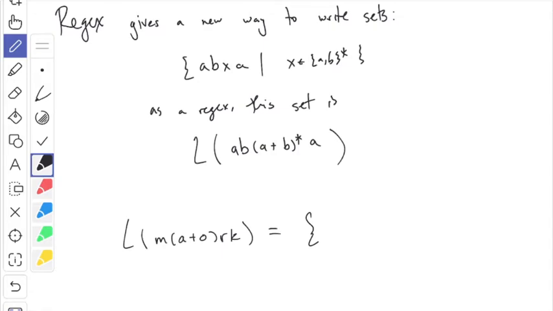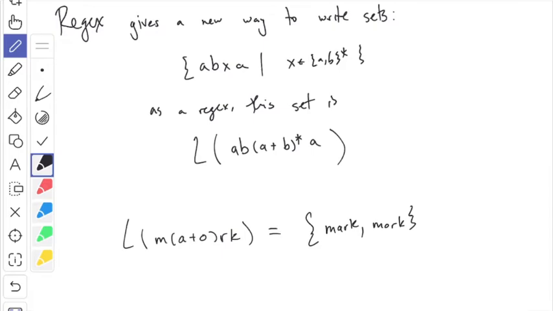Can you tell me one string which would be matched by that? Mark? Anything else? Mork, yeah, and that's it. In this case, there are only two strings in the regular expression: Mark and Mork.